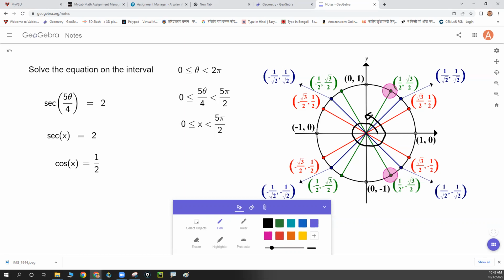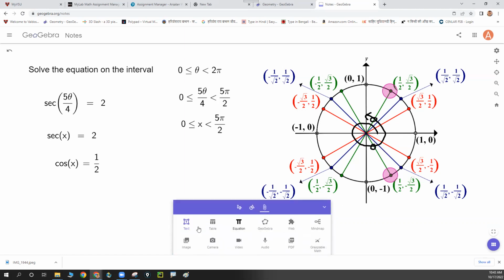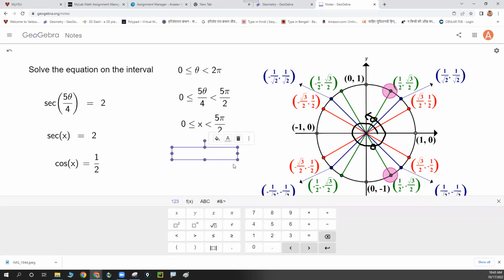In this range, cosine x is half here and here. What are those two angles? Well, those two angles are pi over 3. So x is pi over 3. I'm just going to put a comma.